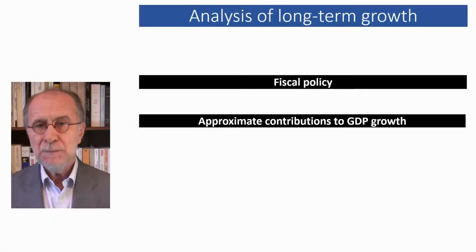Another advantage of my model is that it reveals the role of fiscal policy in determining very long-term growth. Pure private savings fluctuate in the short term, and these fluctuations have a strong influence on short-term fluctuations in GDP.